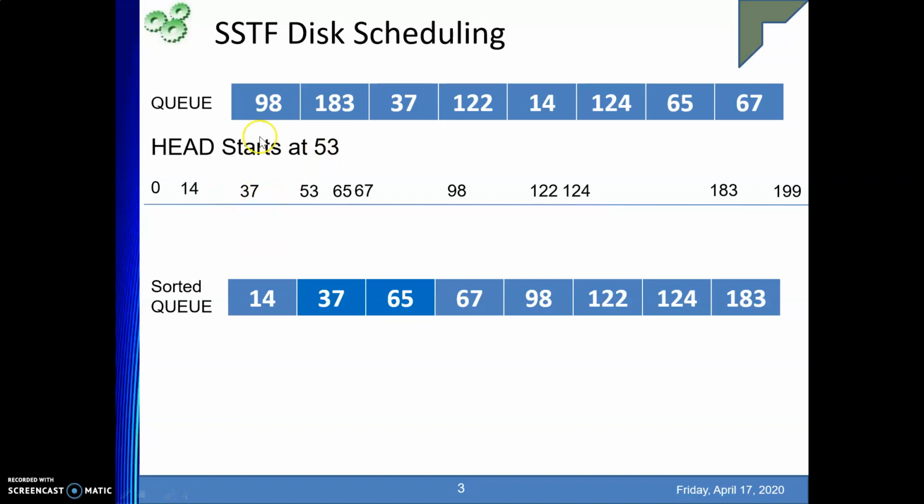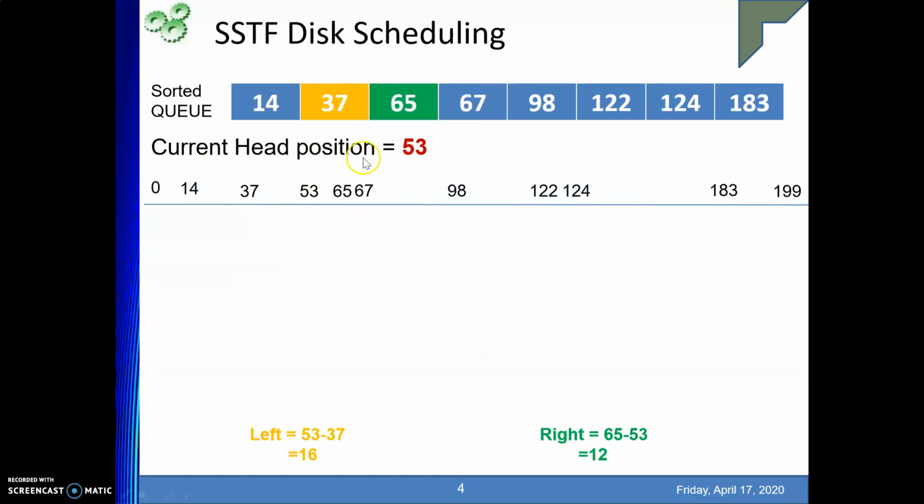Then the first step is what? We'll sort the queue. After sorting, we'll get the queue like this, right? Our current head position was 53. And in the sorted queue, from this 53, we'll see who is to the left of it and who is to the right of it.